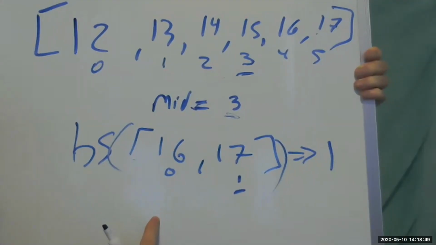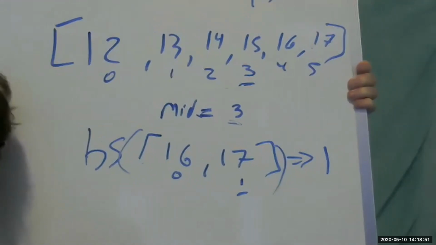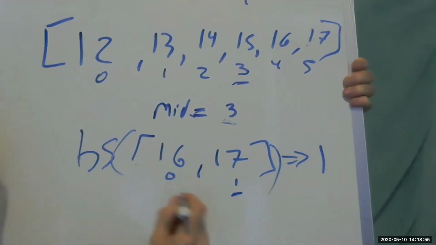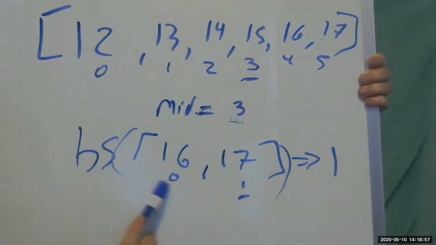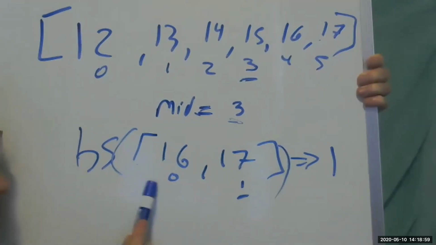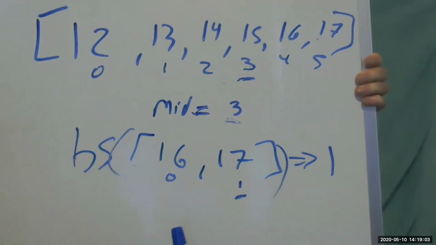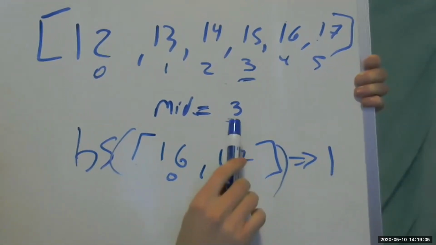Because we're starting with 0. Yeah. Exactly, because the new array has its new indices starting at 0. So we're essentially dropping the possibility of counting this one, right? So instead we're just counting this one and the mid.